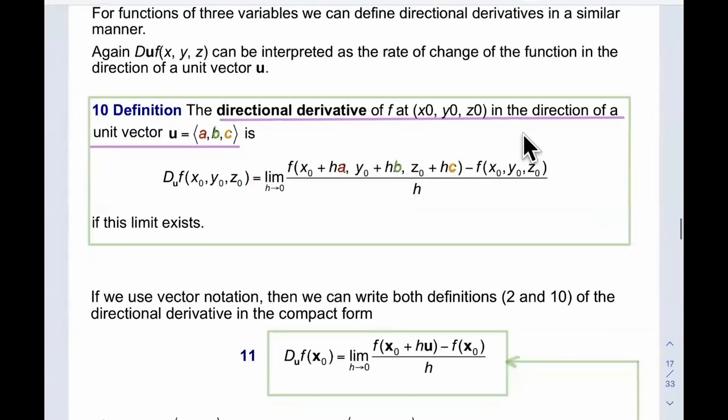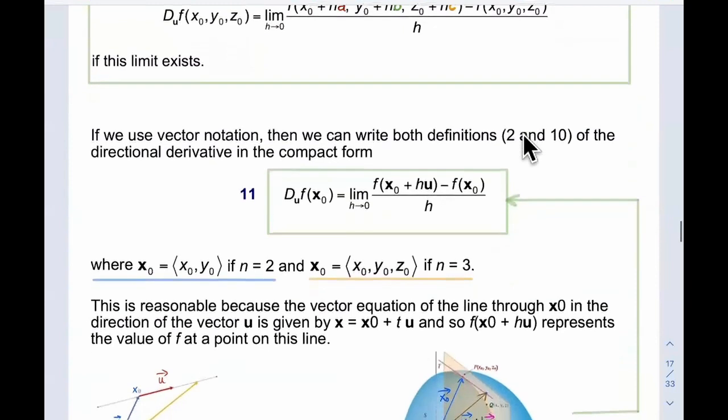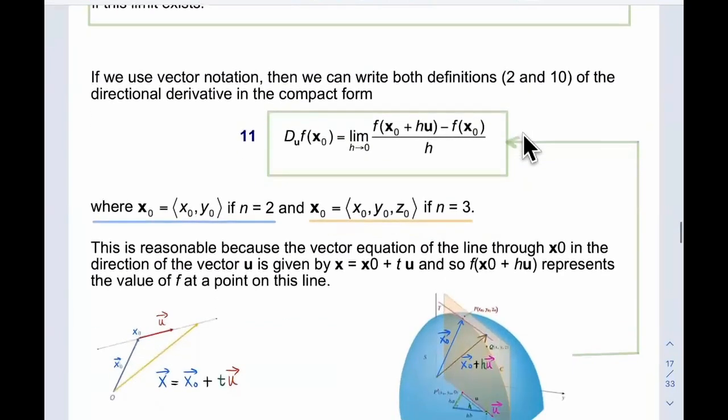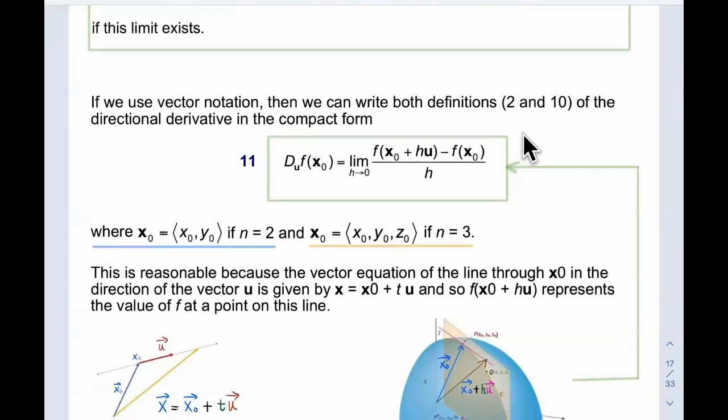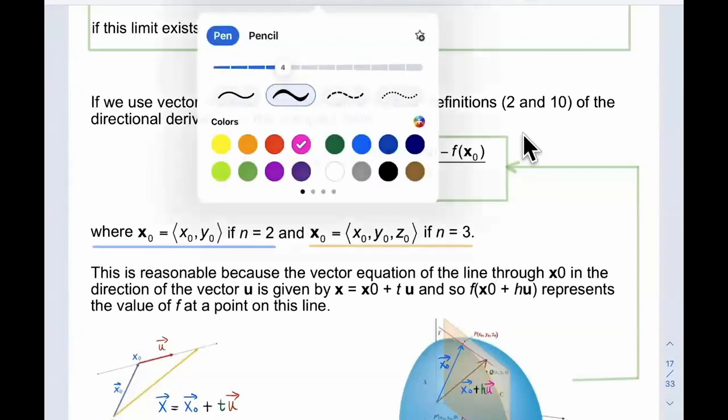So similar as before. You can actually combine the definition of the directional derivative for a function of two variables or three variables, or maybe even more variables, using this definition. So this is the x naught vector plus hu. Remember the u here is the direction vector.